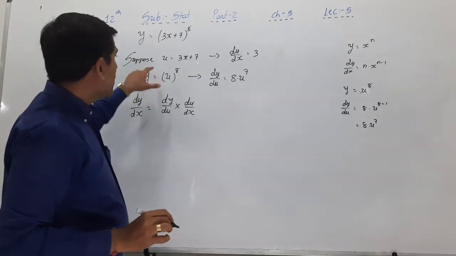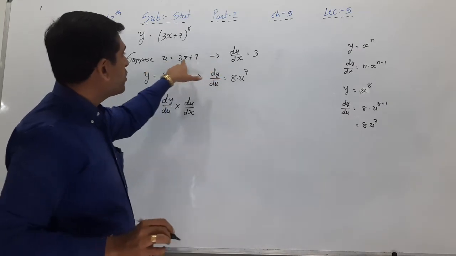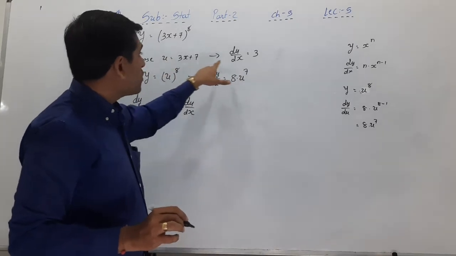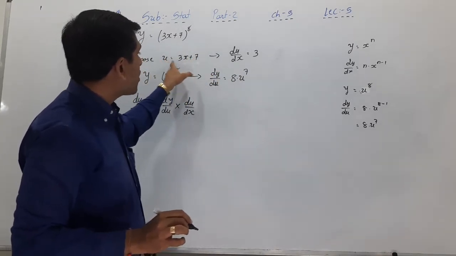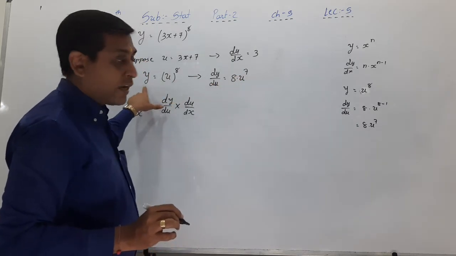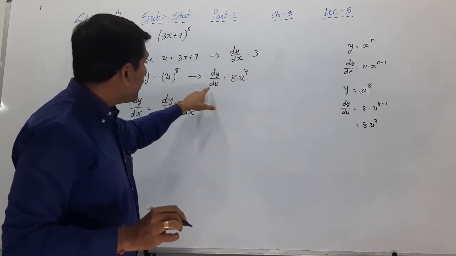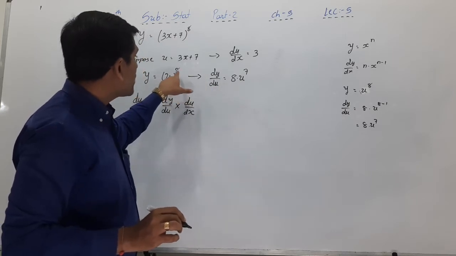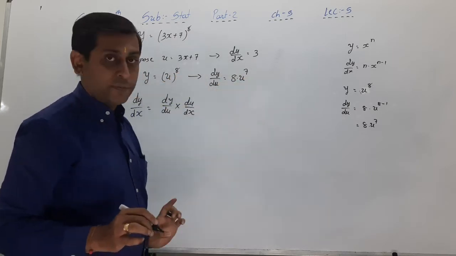Okay, got this? U is equal to this, then du by dx is this, differentiation of u with respect to x. Now differentiation of y with respect to u, that is 8 into u raised to 8 minus 1, that is 7.